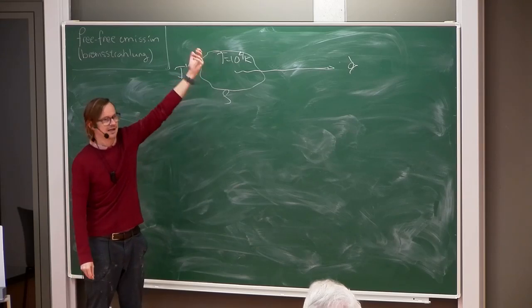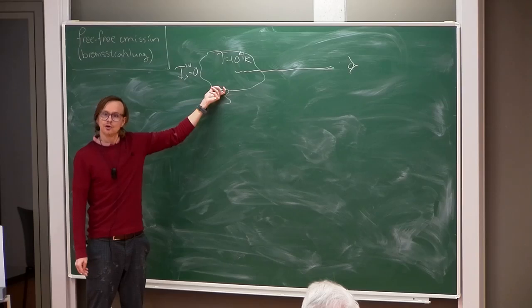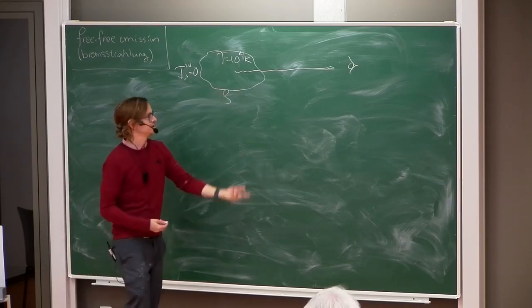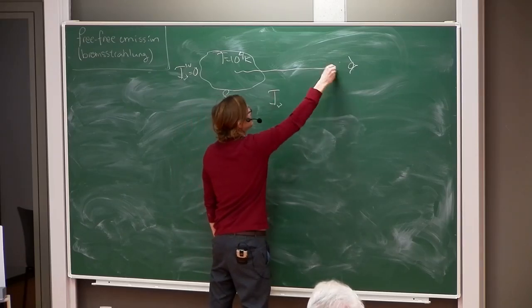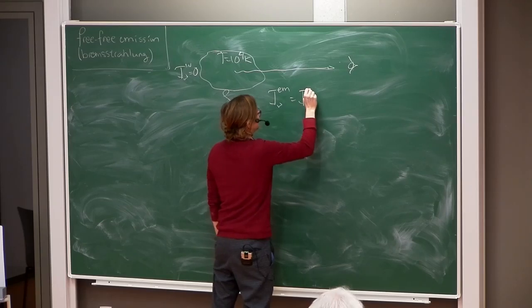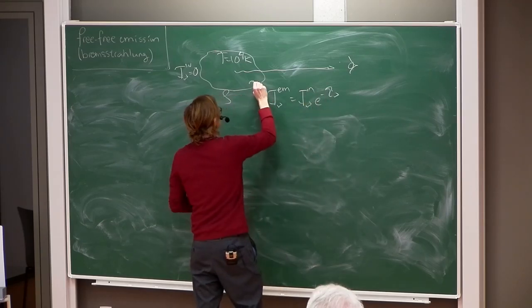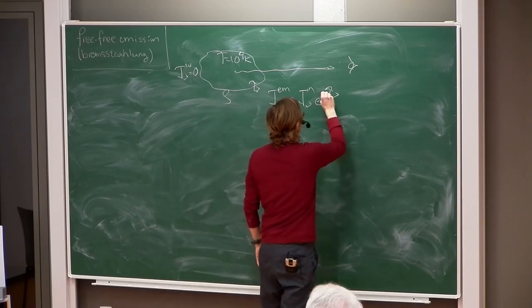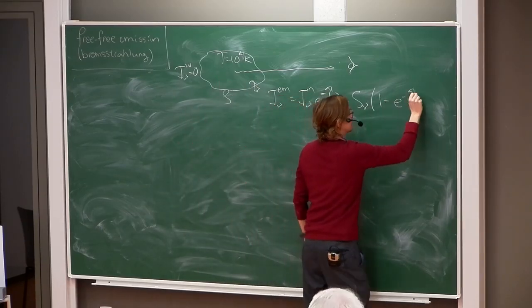Okay? But we know the transfer solution through a homogeneous cloud. That's the homogeneous slab solution. So the emergent intensity here that reaches us will be I nu e to the minus tau nu, where tau nu now is the optical depth of the cloud, plus S nu times 1 minus e to the minus tau nu.